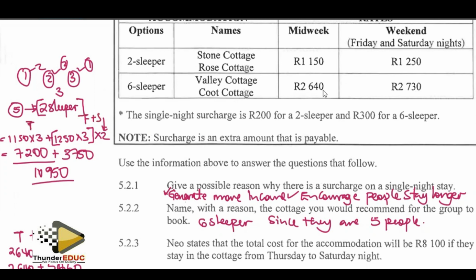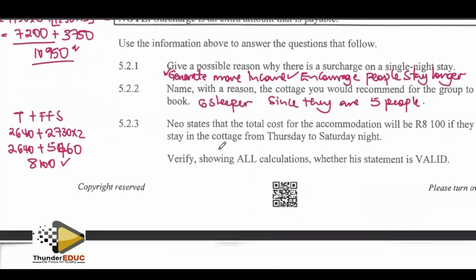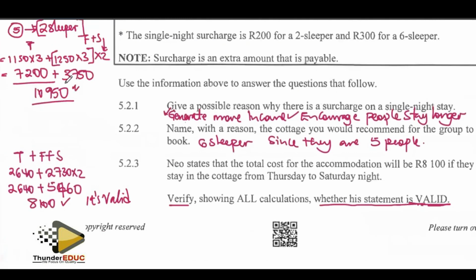This is just Thursday. This will cater for that. So the 2 sleeper option is expensive. Okay, that's how we are showing it. And don't forget to conclude and say it's valid. Why am I concluding? Because they say verify, showing whether the statement is valid. I need to conclude and say it's valid. Get 1 mark. So we can't use the 2 sleeper.